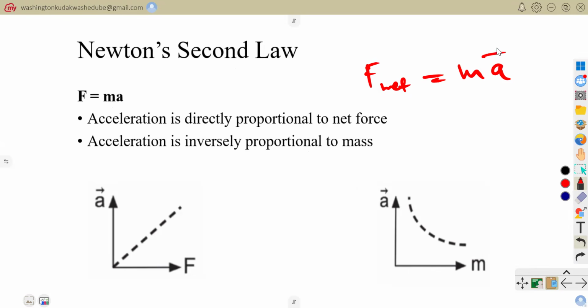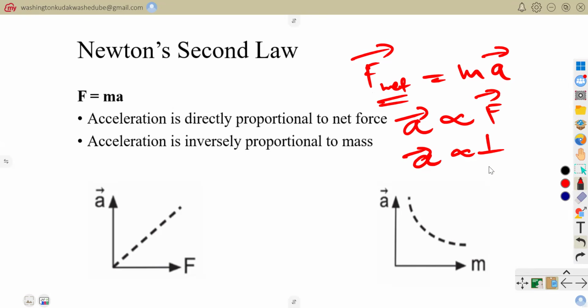The acceleration that the object would have after applying a net force is directly proportional to the applied net force. However, the acceleration is also inversely proportional to the mass of the object.